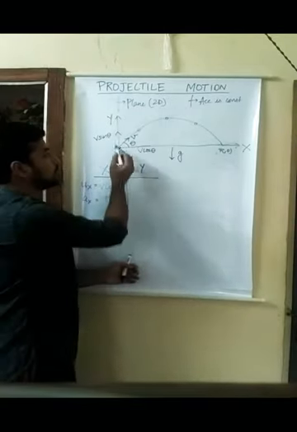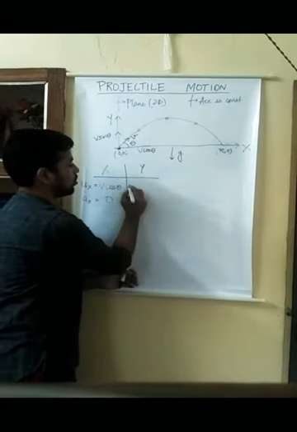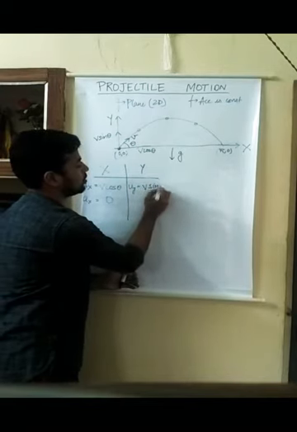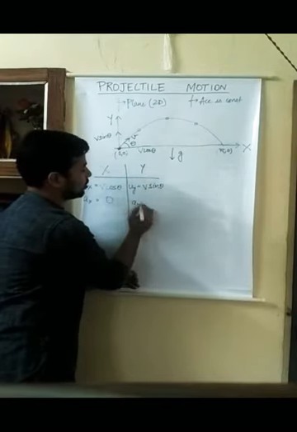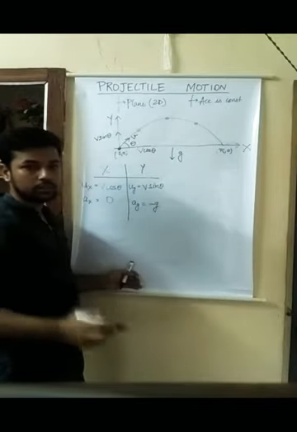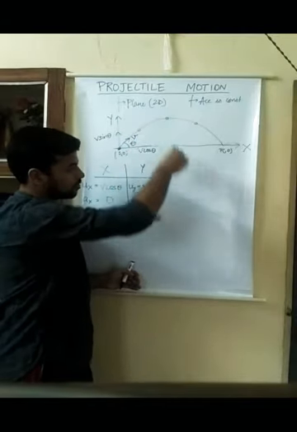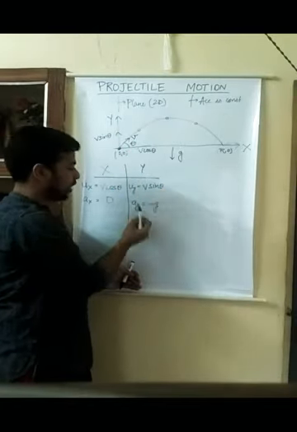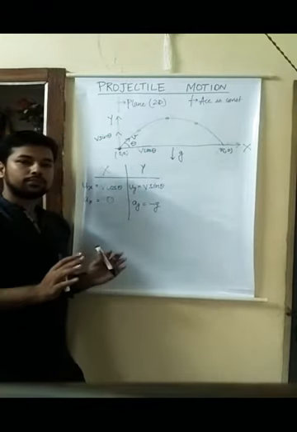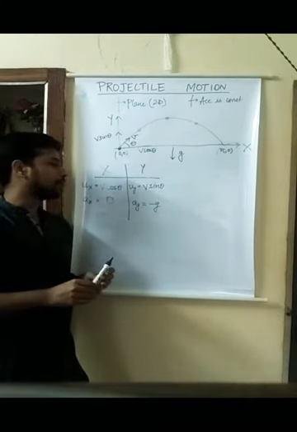For y velocity, the initial y velocity is v sin theta, and the acceleration in the y direction is minus g, since the positive y direction is towards the top and acceleration is working downwards. Once we have established our initial conditions, let us see what is physically happening.